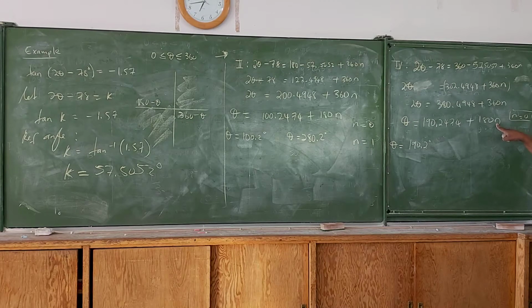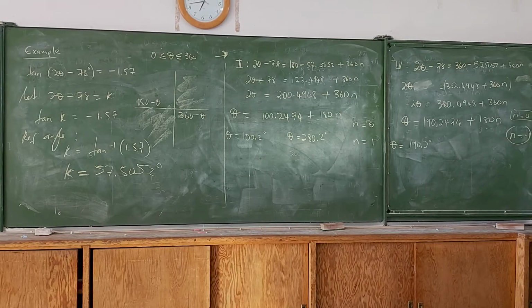Now here's something I want to introduce to you. We tried 0 already. We know that 1 won't make sense because 180 plus 190 is already above 360, it's 370 something. Right. Put n equals -1 here into the general formula. So that means I'm going to subtract this from that. So I get about 10 point something.